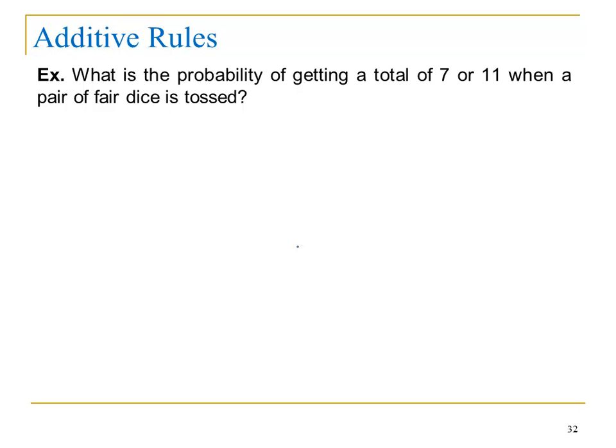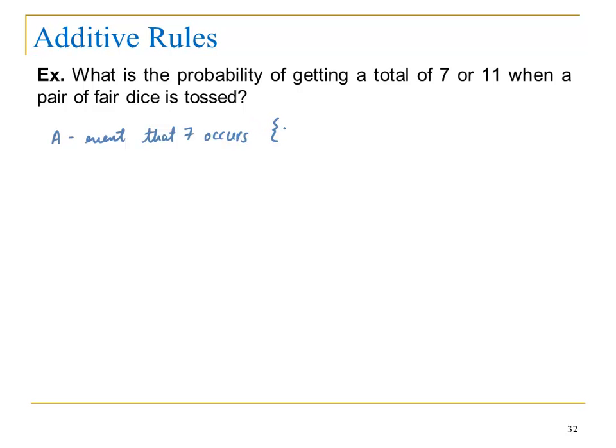Okay, so another example. What is the probability of getting a total of 7 or 11 when a pair of dice is tossed? Any idea? Let's look at each one of them independently. Let's call A the event that 7 occurs.